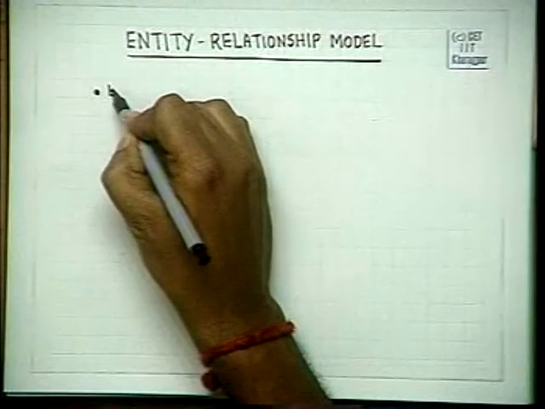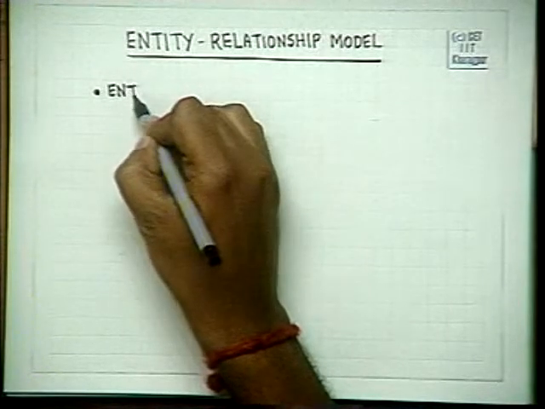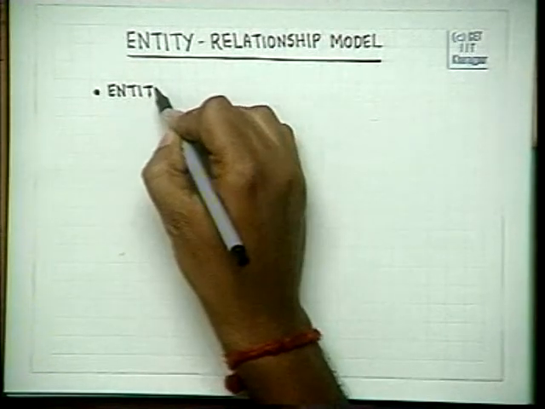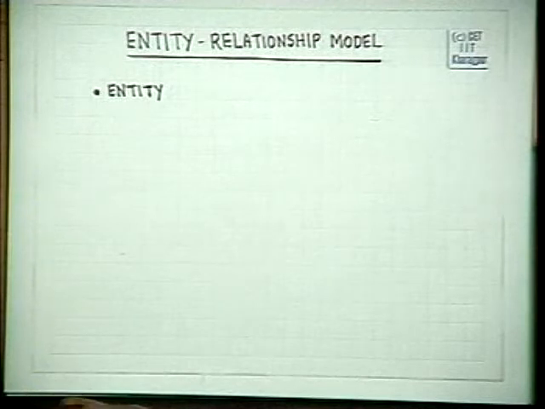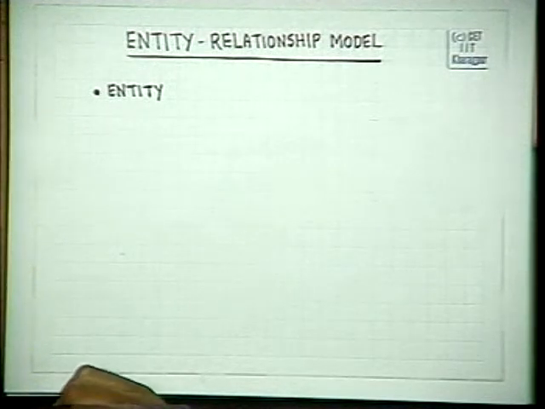So, the first and foremost idea of an entity relationship model is the concept of an entity. We shall slowly understand what an entity means. We will not give a precise definition of an entity because it is slightly difficult to conceive of what a conceptual entity will be.